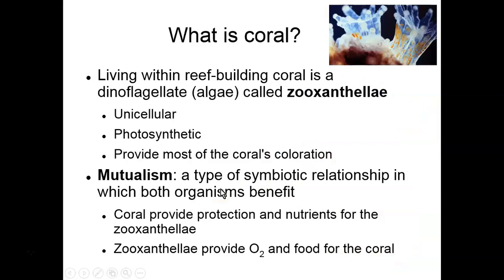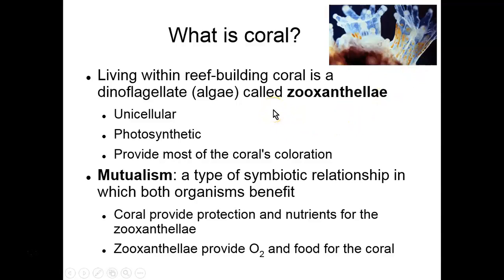So coral has living within its tissue a dinoflagellate called zooxanthellae. And you can see that in this zoomed in image of coral polyps. You can see these little dots right along the outer edge of their bodies. Those little dots are actually the zooxanthellae.